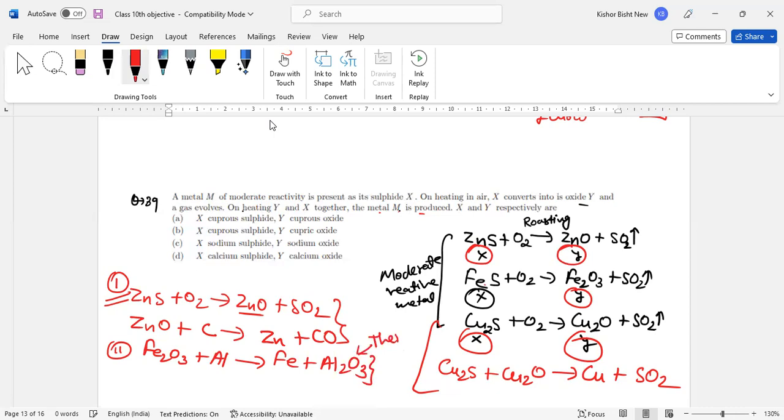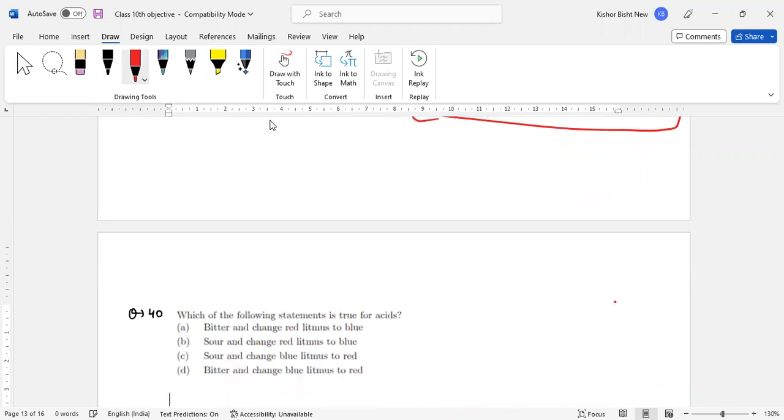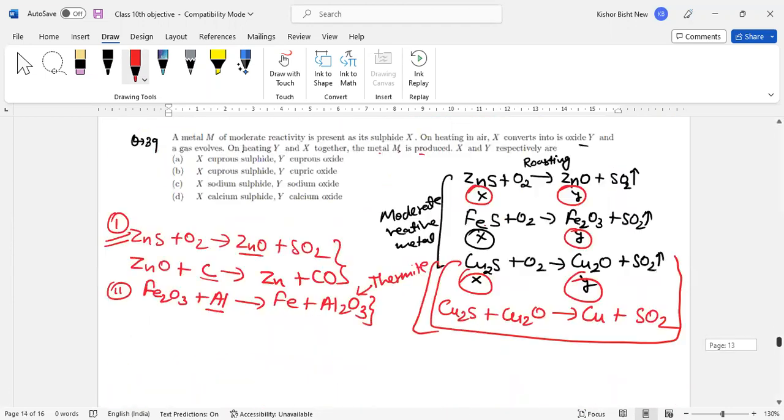Here aluminum is used, there carbon, but in the copper reaction it is a direct reaction. So now which one is your correct answer? The correct answer is this one. Please remember, this is the most important question for 3 marks also.